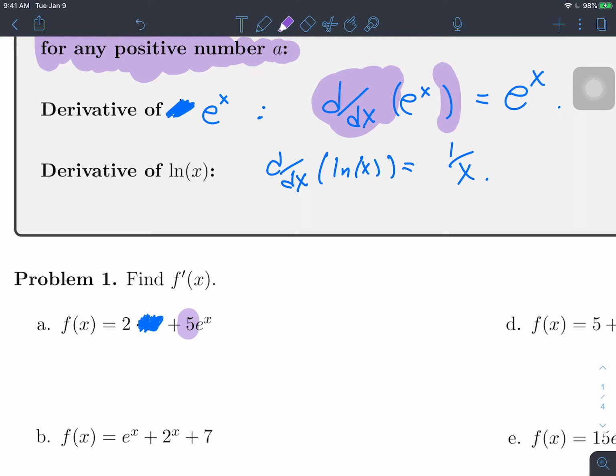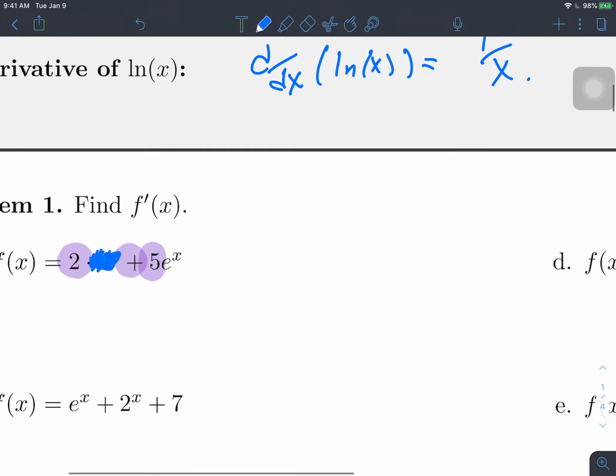I'm also going to need the sum rule because I'm adding two things together. And I'm going to need the rule which tells me the derivative of a constant. I need to use those old rules in combination with the new rule we learned about the derivative of e to the x. So let's write this out very carefully.